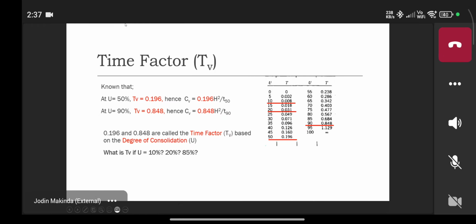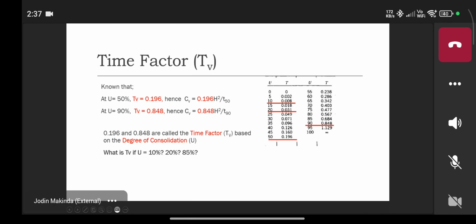Now, time factor is constant. In exam, time factor is usually given. In exam, the value of the time factor is given. For example, at U 50%, meaning when the settlement is complete 50%, what is the time factor? The time factor is 0.196. How do we get the 0.196 time factor?